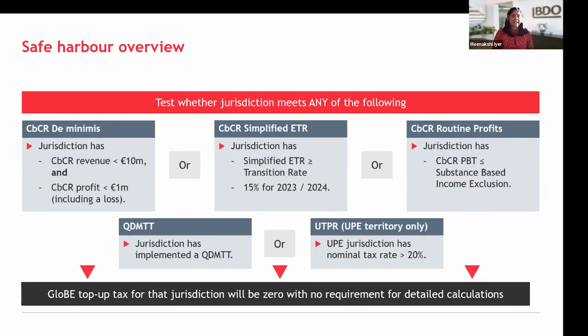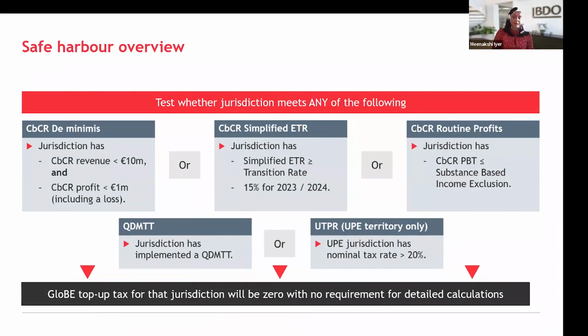The first one is a de minimis C by C safe harbor, where if your C by C revenue in a particular jurisdiction is less than 10 million euros and your C by C profit is less than 1 million euros, and that includes a loss, then you could qualify for this de minimis. Now, there is an important exception to this.